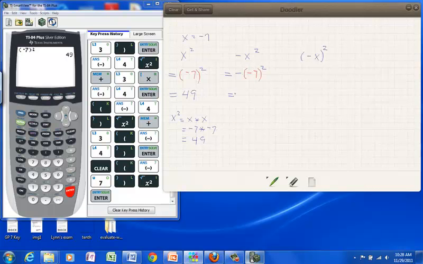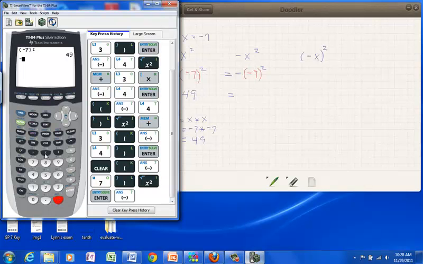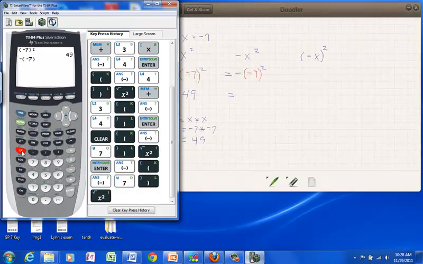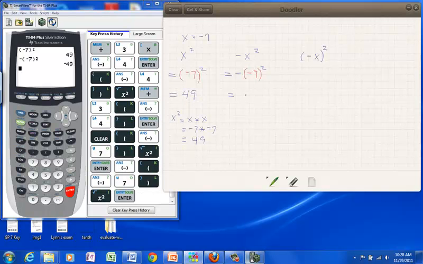So let's do that expression on the calculator. Again, there's a negative sign out in front, and then parentheses, and a -7. Close the parentheses, and the square goes on the outside. So the result for this expression is a -49.